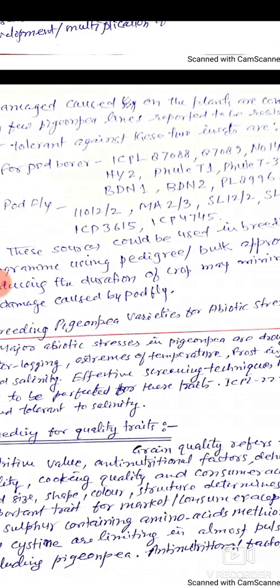And for pod fly resistance, the genotypes are 11012-2, MA2-3, SL12-2, SL42-3, ICP 3615, ICP 4745. These sources could be used in breeding programs using pedigree or bulk approaches. Reducing the duration of the crop may minimize the damage caused by the pod fly. It is the management concept for resistance to insect pests.